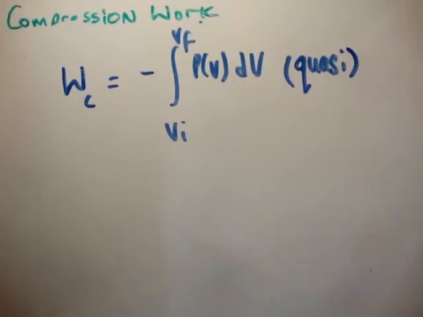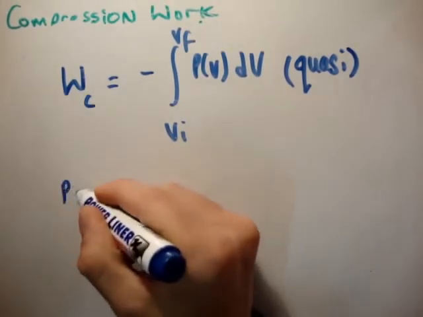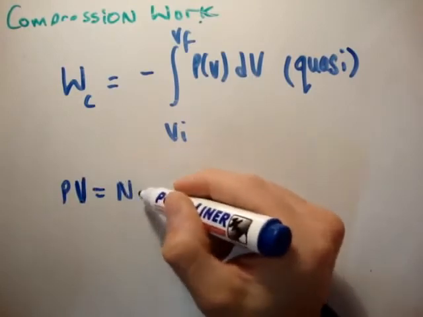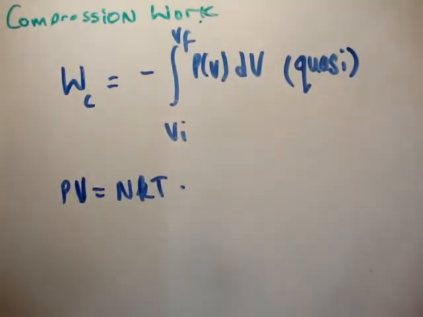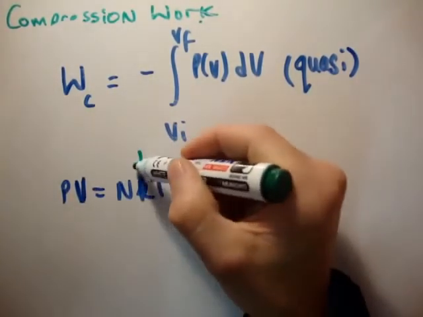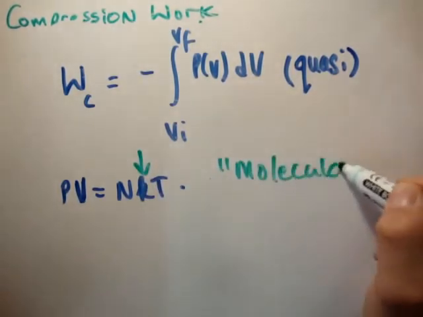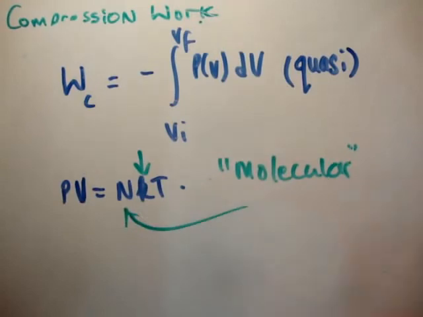Next, what else do I want to say about this? Oh yes, in order to get pressure as a function of volume, you need to talk about the ideal gas law, believe it or not. The ideal gas law, PV is equal to NkT. I know k is Boltzmann's constant, but I like to think about it as the molecular gas constant, because we're talking about the number of molecules here.